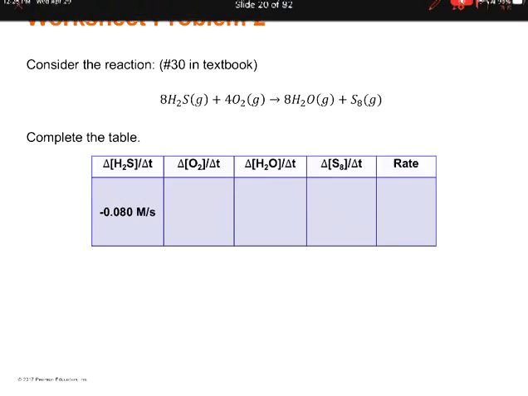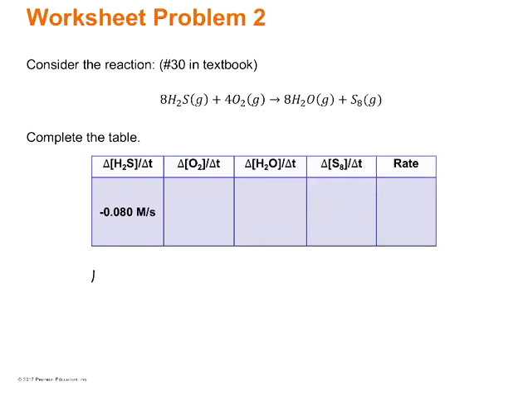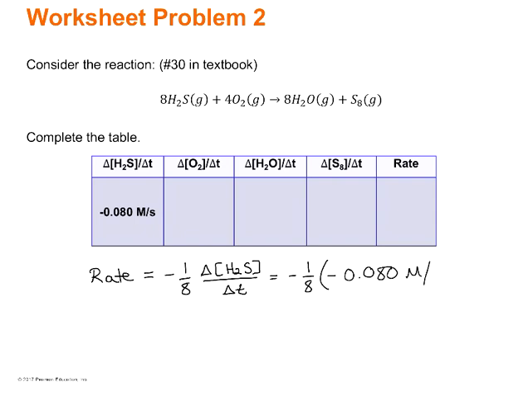All right, so I'm going to start again by solving for the rate. So we said that the rate was equal to 1/8 of the change in H2S over time. So I'm just going to plug in that value for delta H2S over delta T, which was negative 0.080 moles per liter per second.